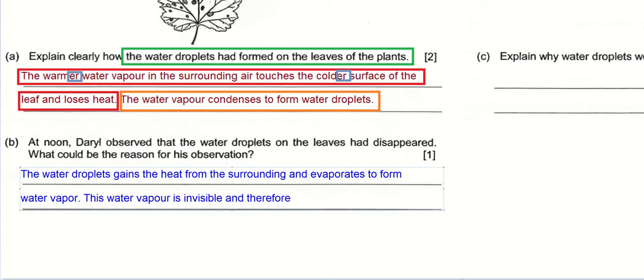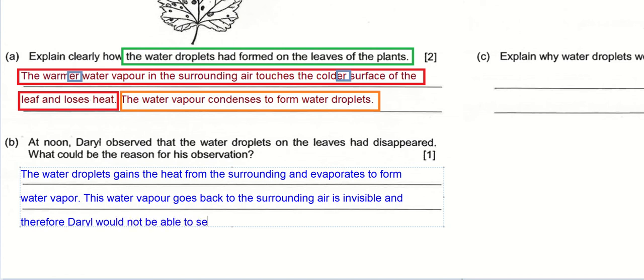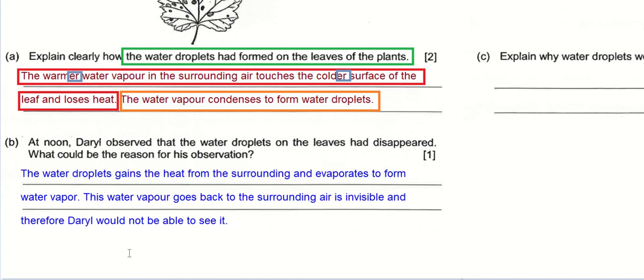This water vapor goes back to the surrounding air, and it is invisible, and therefore he will not be able to see it. Okay, so again, this is the reason.